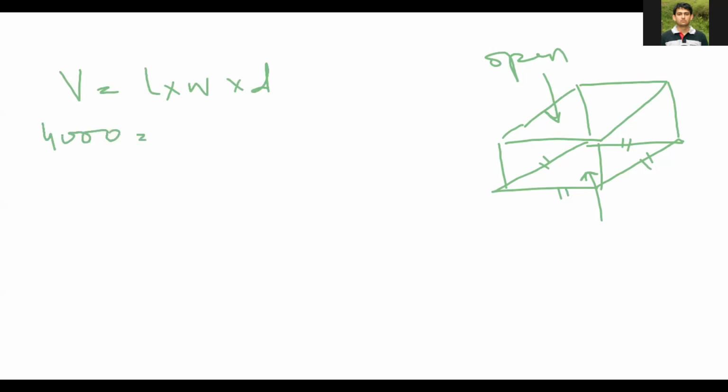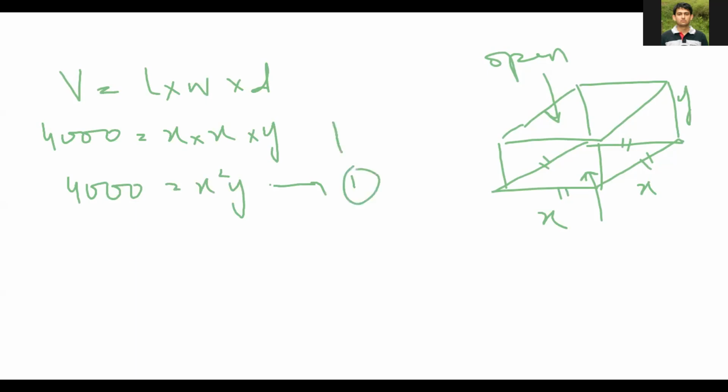Because this dimension is the same, this is x, and this one is different, so I'm labeling it as y. So x into x into depth y. So this is 4000 is equal to x squared y, right? That's my first equation, where I assume that 1 liter is equal to 1000 centimeter cube. That's the assumption I made over here.